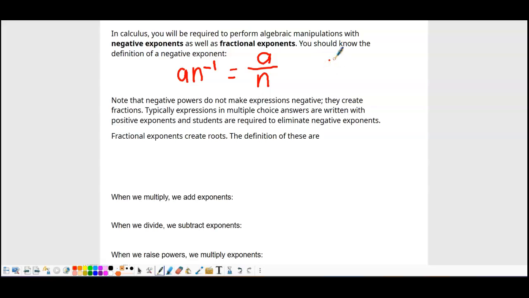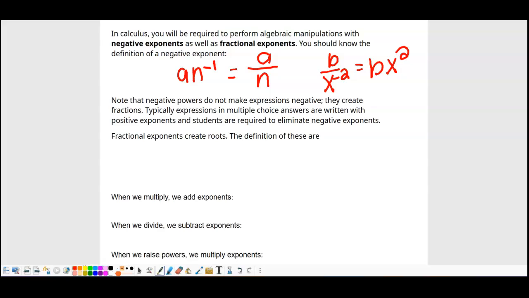Conversely, if you had b over x to the negative 2, that would be equal to bx squared. So if you have a negative exponent in the denominator, it comes to the numerator as a positive exponent. So again, negative powers do not make expressions negative.